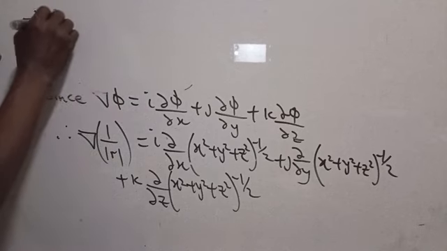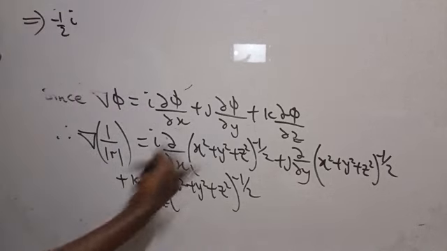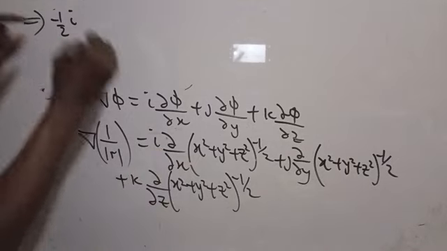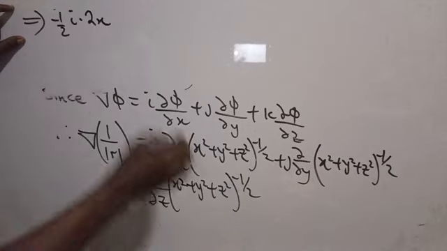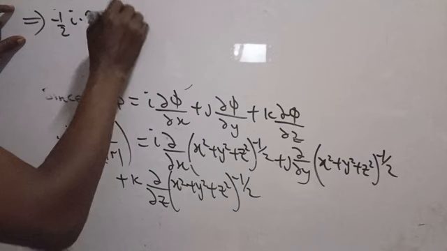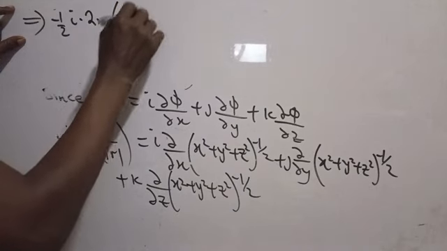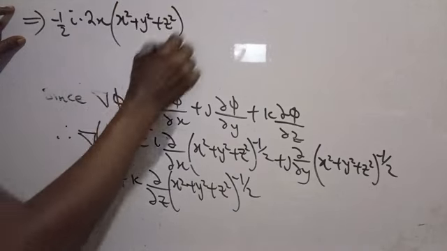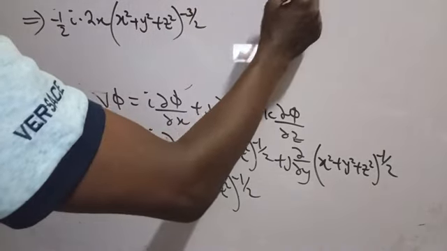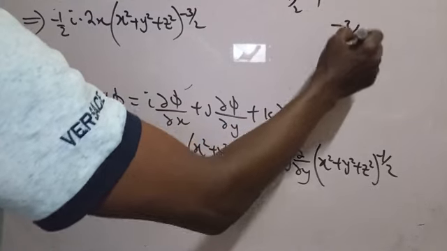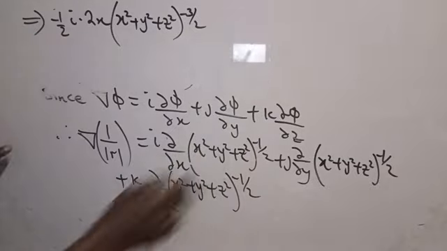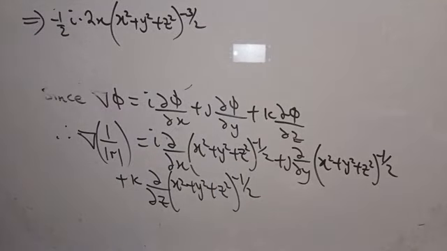Differentiating with respect to x gives 2x, and the whole of this now raised to minus 1, so x squared plus y squared plus z squared raised to minus 3 over 2. If you subtract 1 from half, that's minus 3 over 2. Do you understand what I did there? This is the concept we use in function of a function in 100 level.